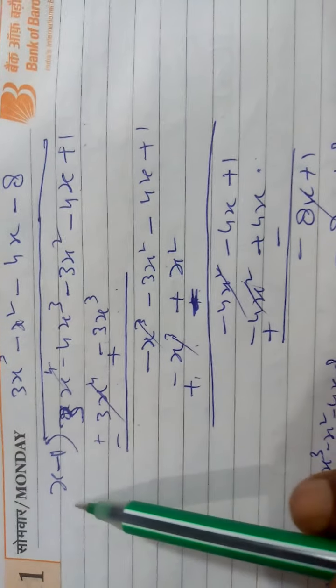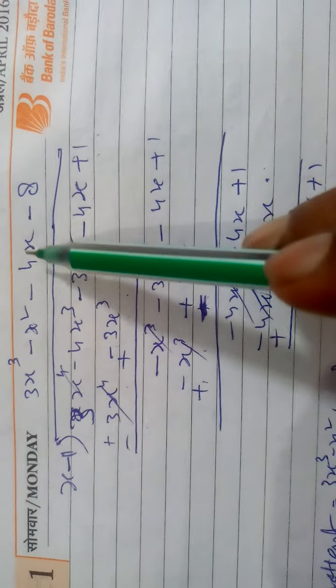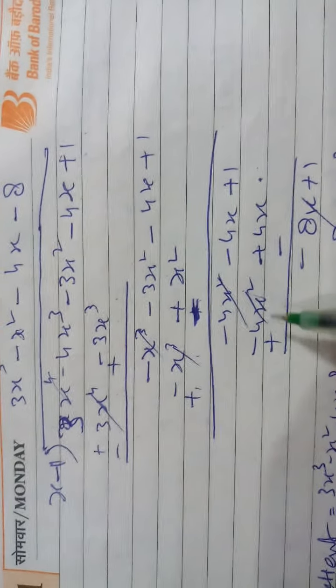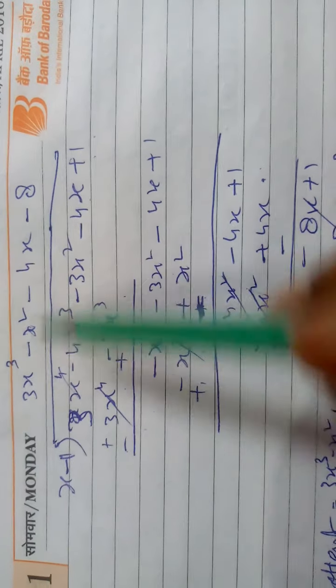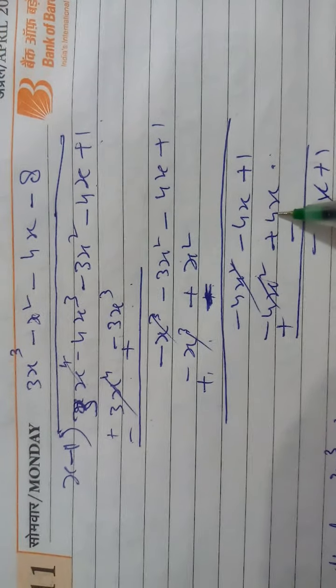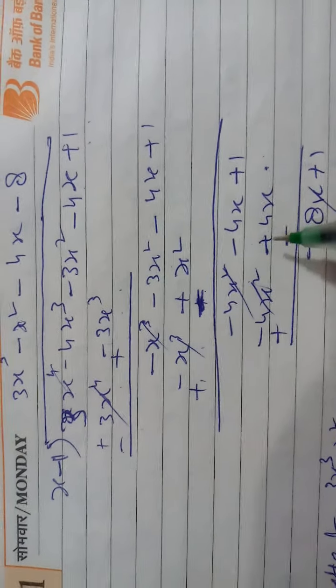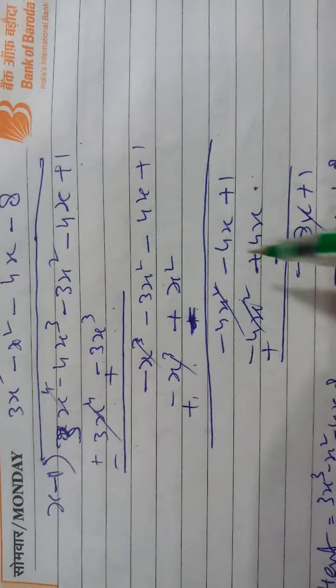What will you do? You multiply by minus 4x. Here I have written minus 4x. Minus 4x into x will be minus 4x square. Minus 4x into minus 1 will be minus minus plus 4x. So here the opposite sign will be changed. It will cancel.